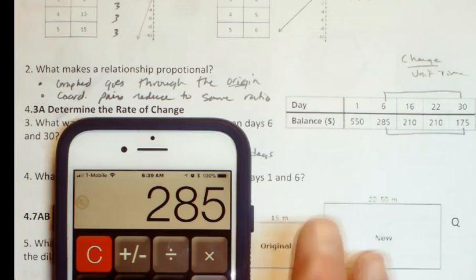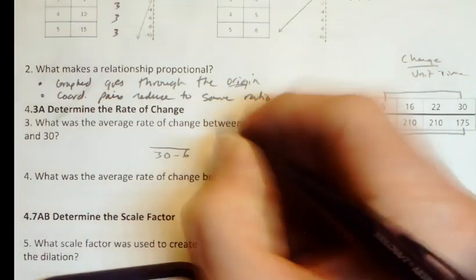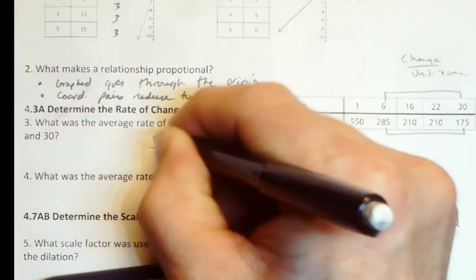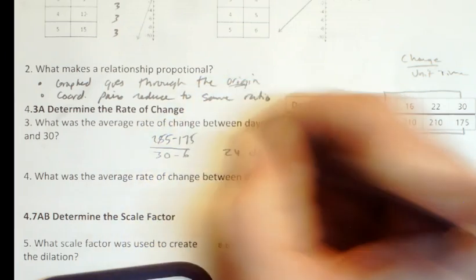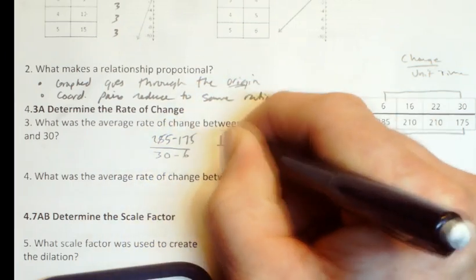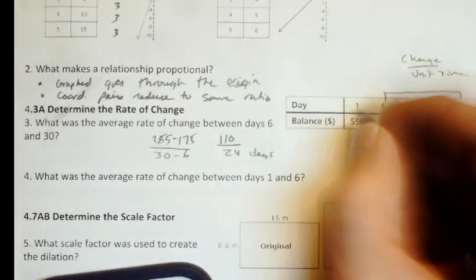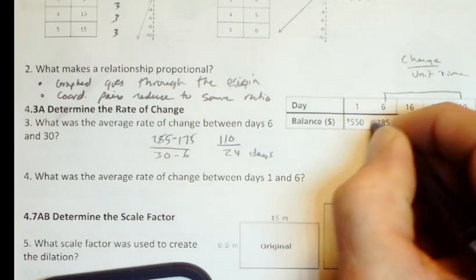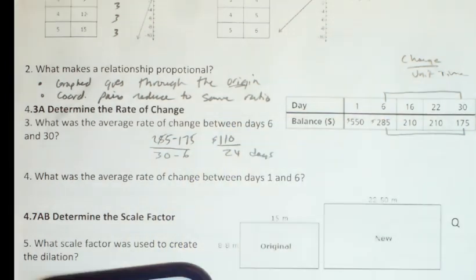285 minus 175, that's 110. So we've got 110 days there. And if we take a look at, these are all dollars, of course, down here, because it's a balance in dollars. So it's $110 over 24 days.